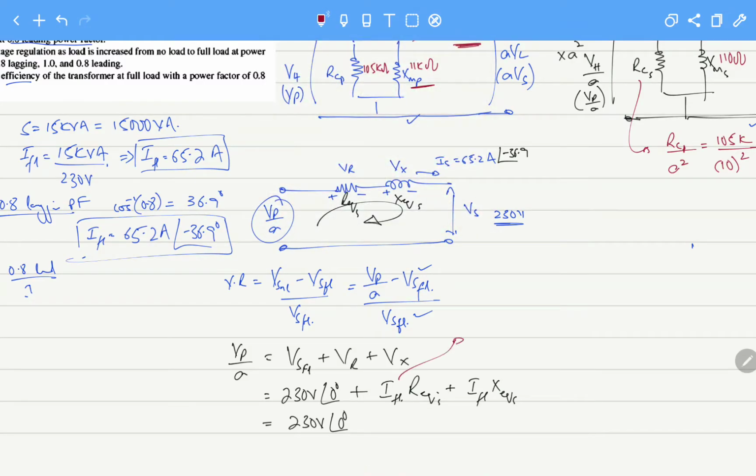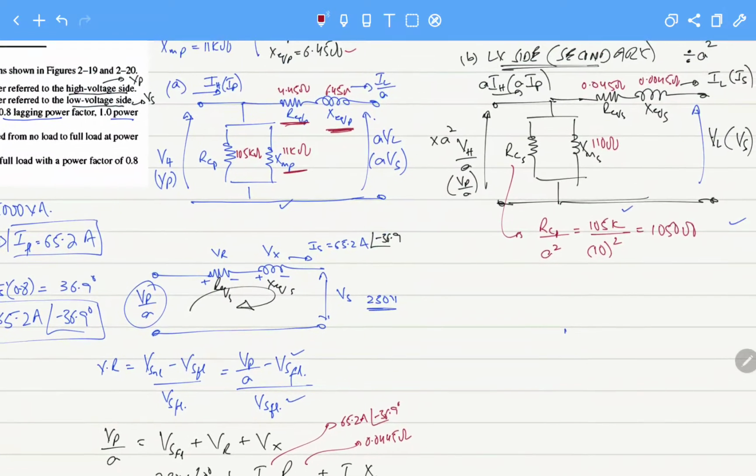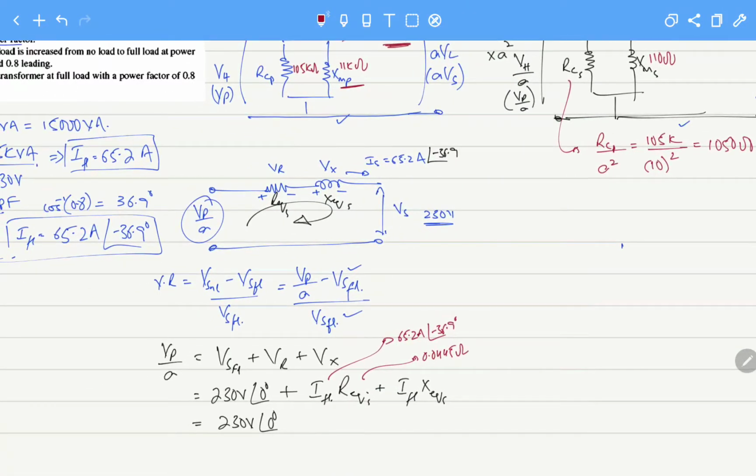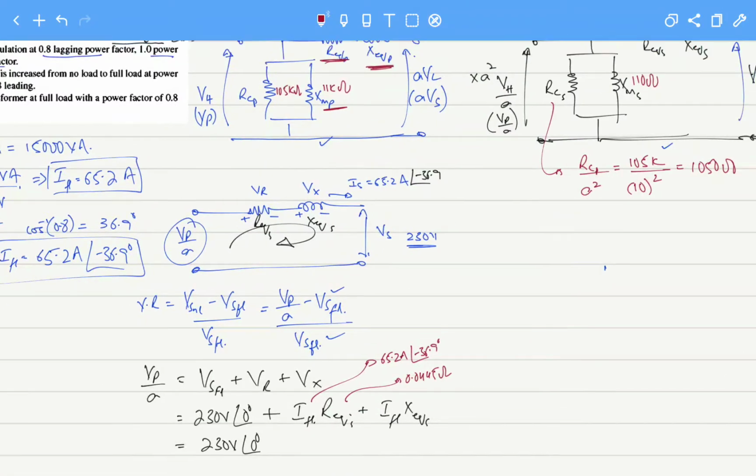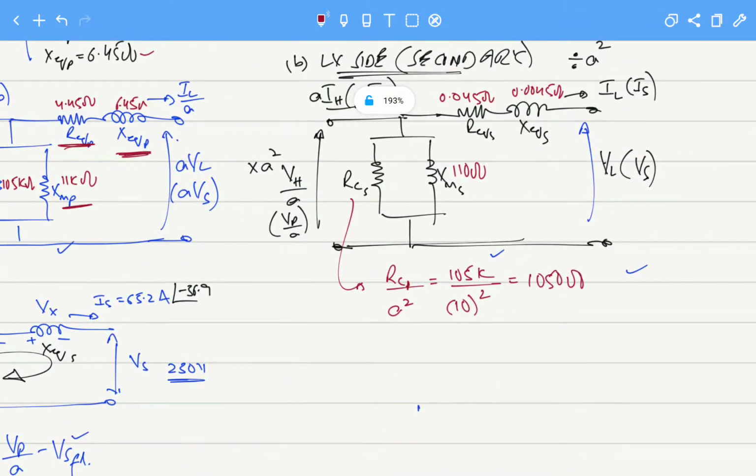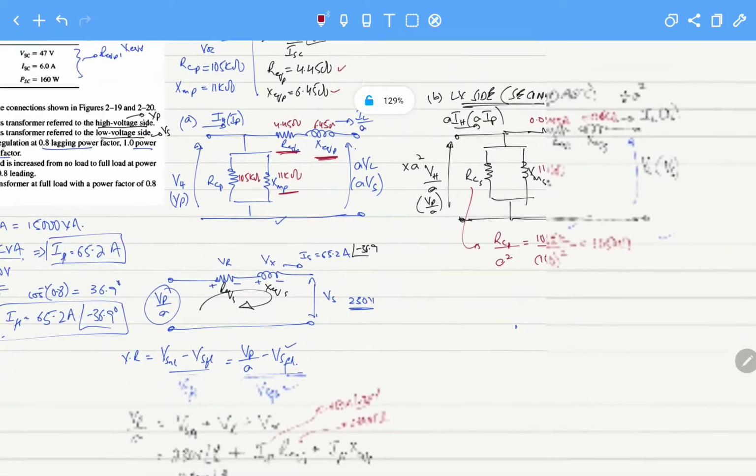We know the value. What is the value? This is 65.2 minus 36.9 degrees, and this is our equivalent, 0.0445. Here we have shown, and actually this is 650065.